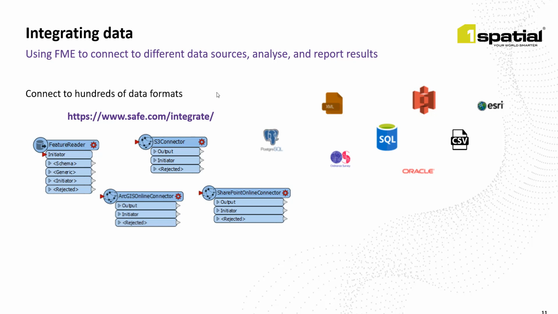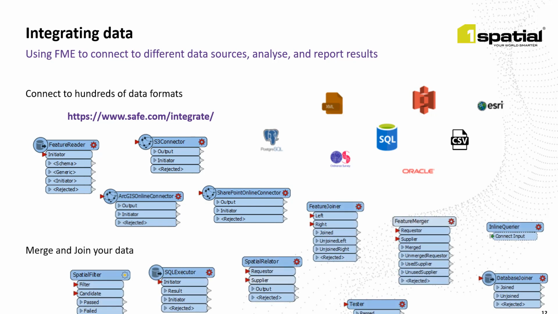There's also a growing group of connector transformers that allow you to access data from web services, so things like ArcGIS Online, Amazon S3, and SharePoint, which are becoming more and more common. And if you're an FME veteran, don't worry, there are still the traditional format readers and writers available to use also.